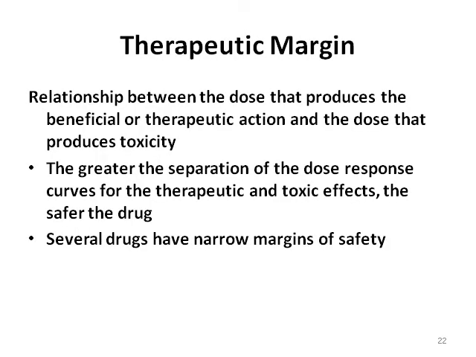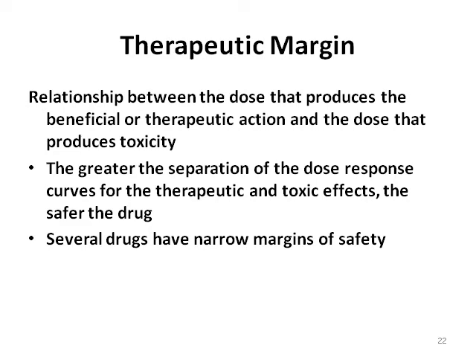Another term that we use is depicted in slide 22. This is referred to as a therapeutic margin. This is basically the relationship between the dose that produces the desired effect, the therapeutic effect, and the dose that produces toxicity. Ideally, we would like a therapeutic margin to have a great separation.